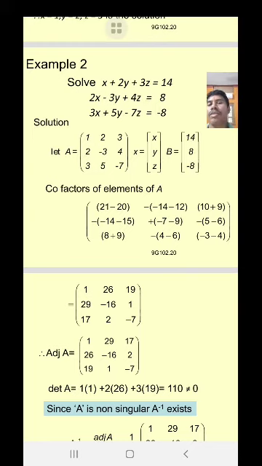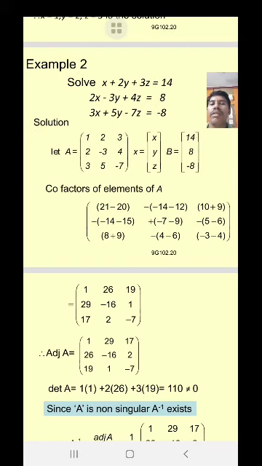First one is positive and its minor is 21 minus 20. The second element contains a negative sign, so minus is kept, and in bracket we write its minor, minus 14 minus 12. The third element is positive, and its minor is 10 plus 9.